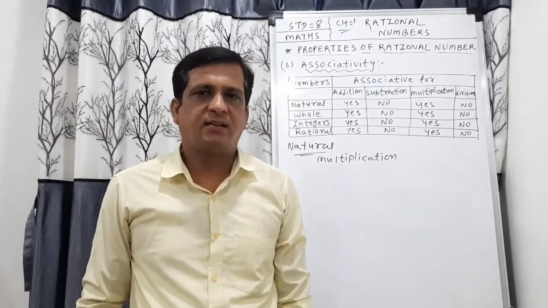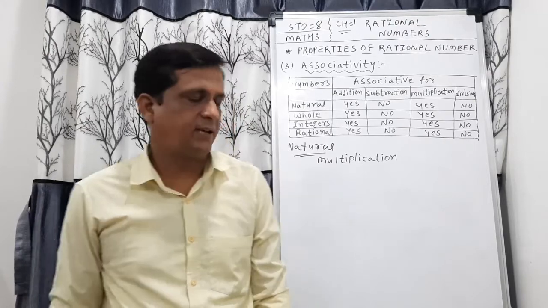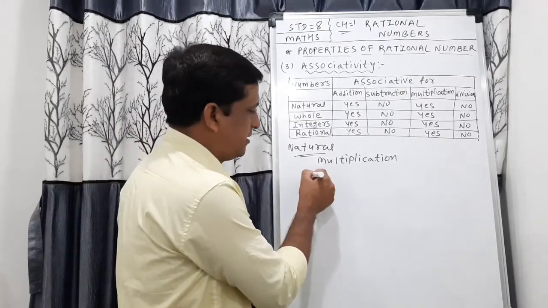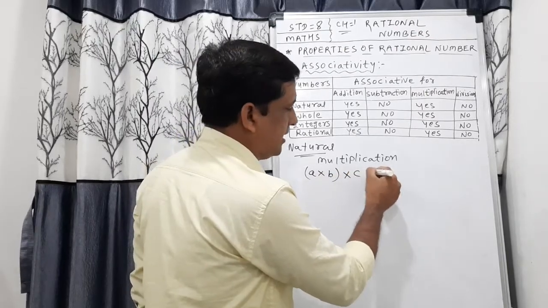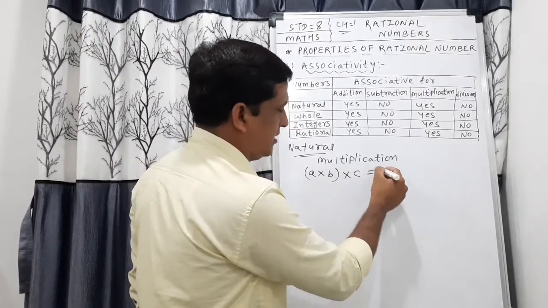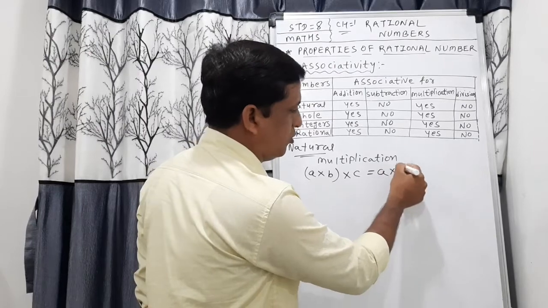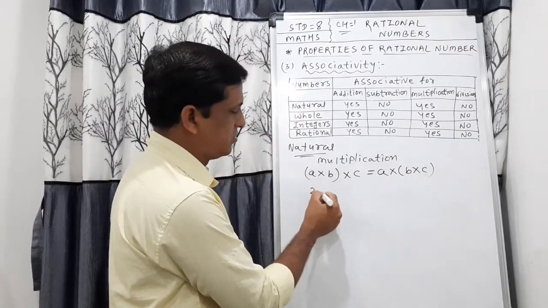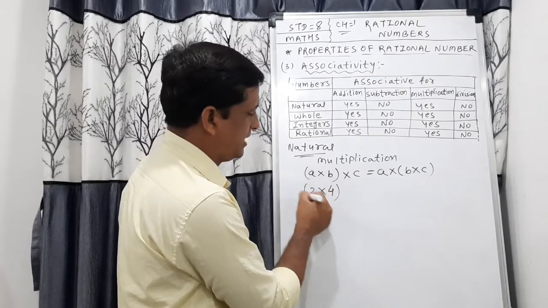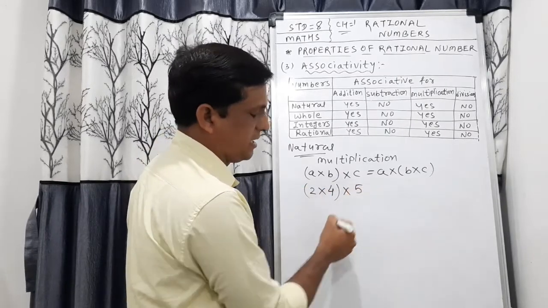Now we are discussing associative property for multiplication, right? So A multiplied with B and C remains as it is, and the answer is equal when we are taking the group of B and C in multiplication. For example, suppose 2 multiplied with 4, and 5 remains as it is.